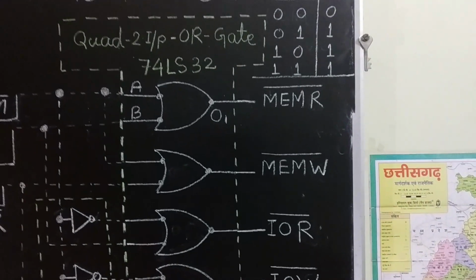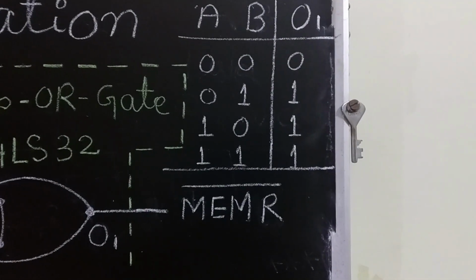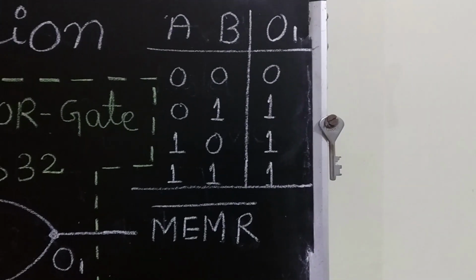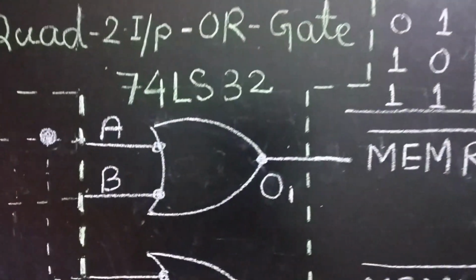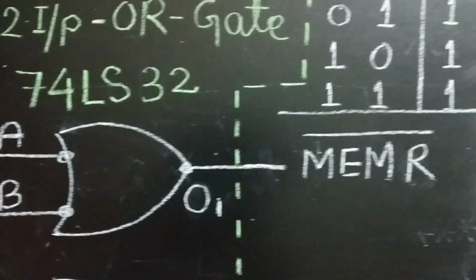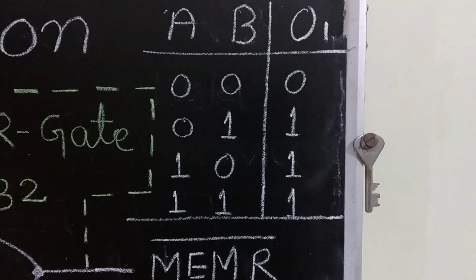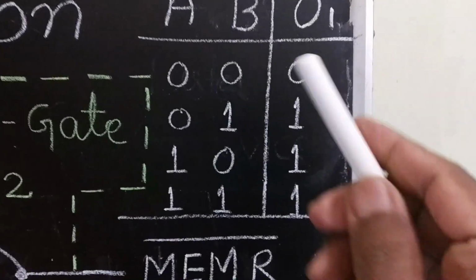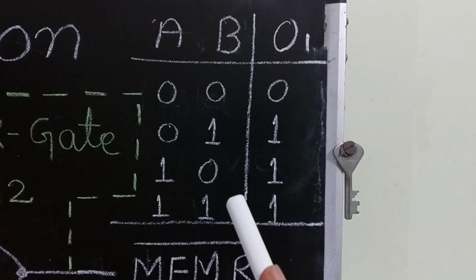Before going ahead, we must understand the property of the OR gate. As you are seeing in the truth table, if A and B are the inputs and O1 is the output, the possible combinations are 0 0, 0 1, 1 0, 1 1.